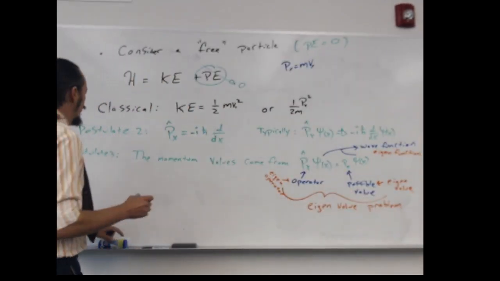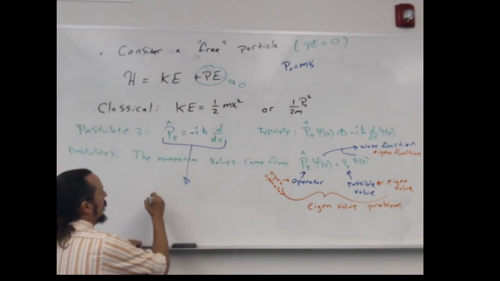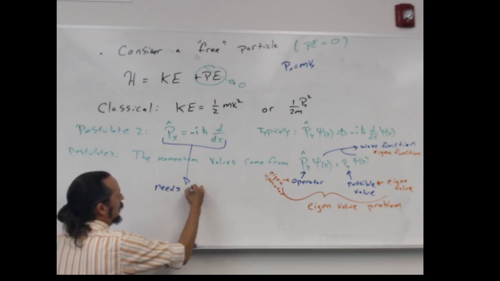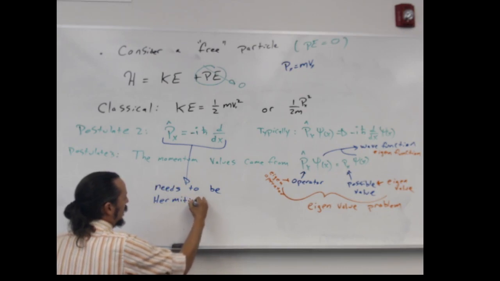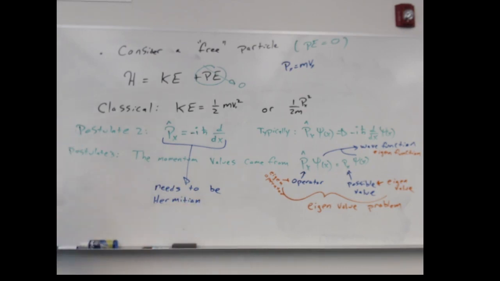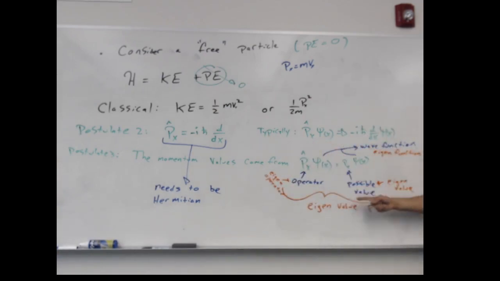Let's see here. We're going to modify postulate 2. We want our operator, and in fact, we want all of our operators in quantum mechanics to be Hermitian operators. What the heck does that mean? Right now, it might not mean anything, but essentially, if we're doing this type of operation and we get possible values, can momentum be imaginary?